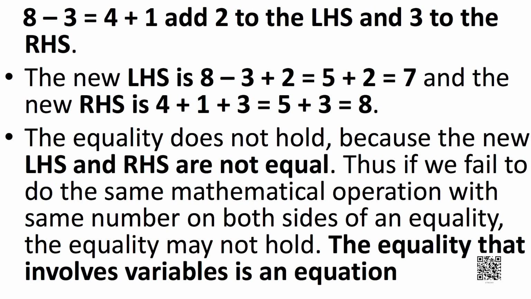Now add 2 to the LHS and 3 to the RHS, that is, the right hand side. The new LHS will be 8 minus 3 plus 2, equal to 5 plus 2, equal to 7, and the new RHS will be 4 plus 1 plus 3, equal to 5 plus 3, equal to 8.